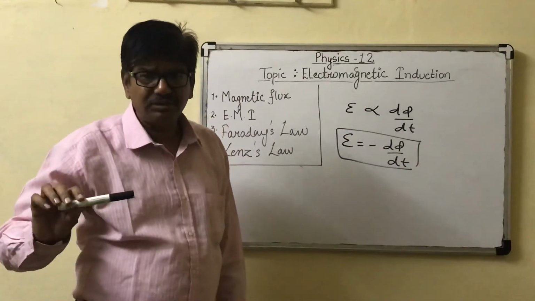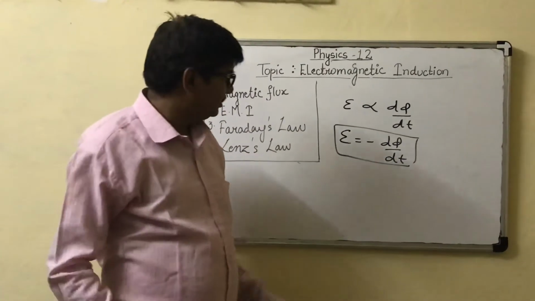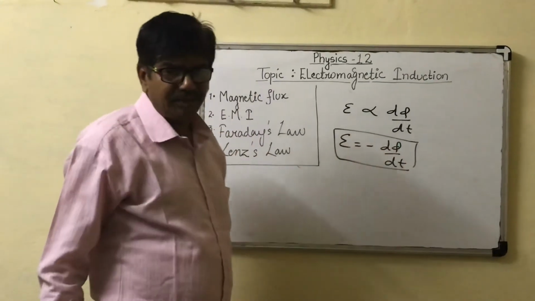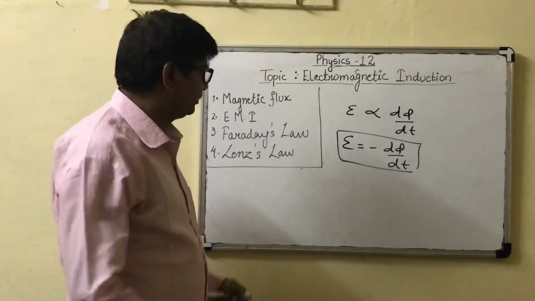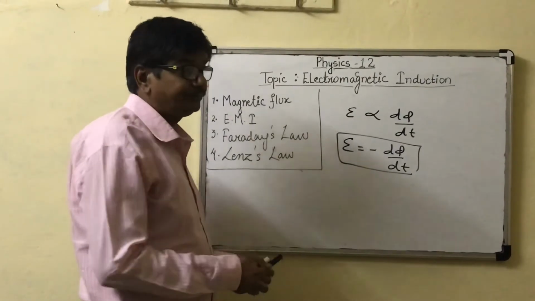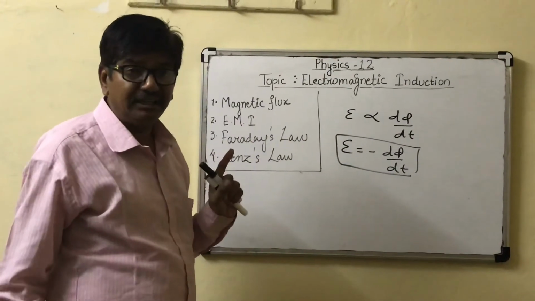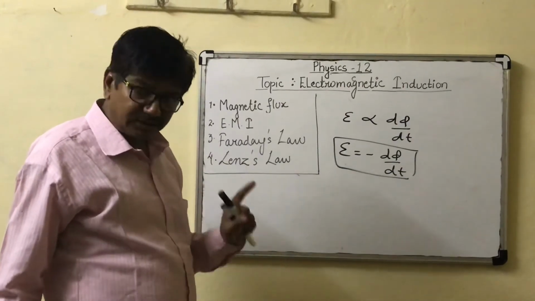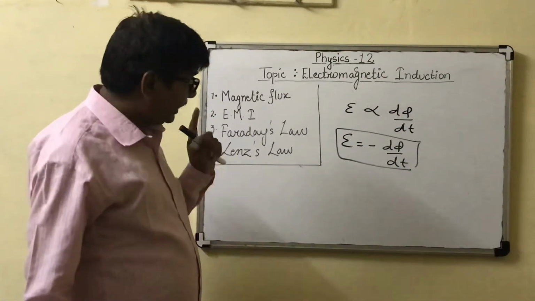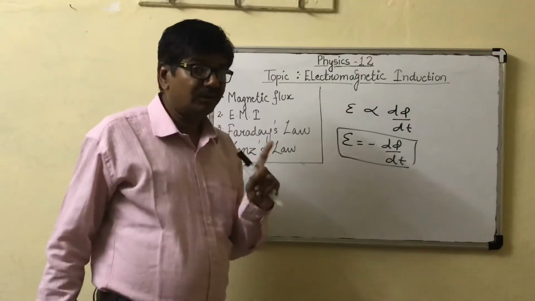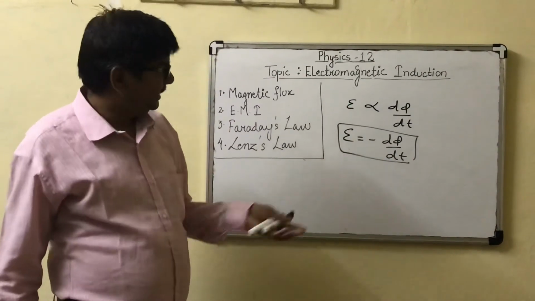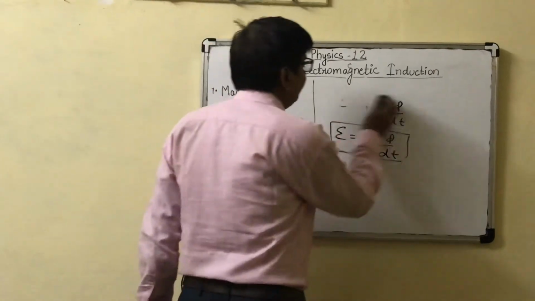This activity shows that the magnitude of induced EMF is directly proportional to the rate of change of magnetic flux linked with the coil. This is the second law. So Faraday gives two laws, first and second. Faraday gives only the magnitude of induced EMF, not the direction. Lenz's law gives the direction of induced EMF or induced current.